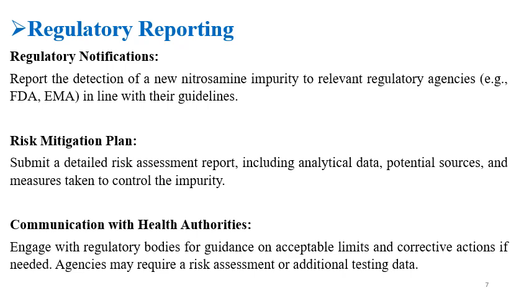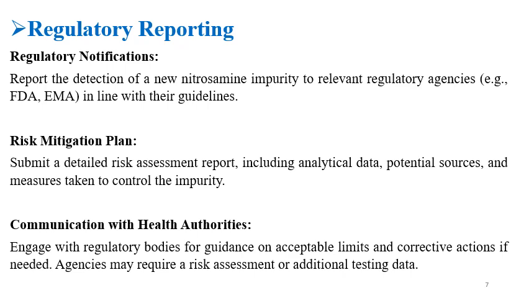Risk mitigation plan. Submit a detailed risk mitigation plan or risk assessment report, including analytical data, potential sources, and measures taken to control the impurity. So whatever the study you have performed during the previous stages, all those you have to enlist, report it, make a report, and then submit to the regulatory authority.